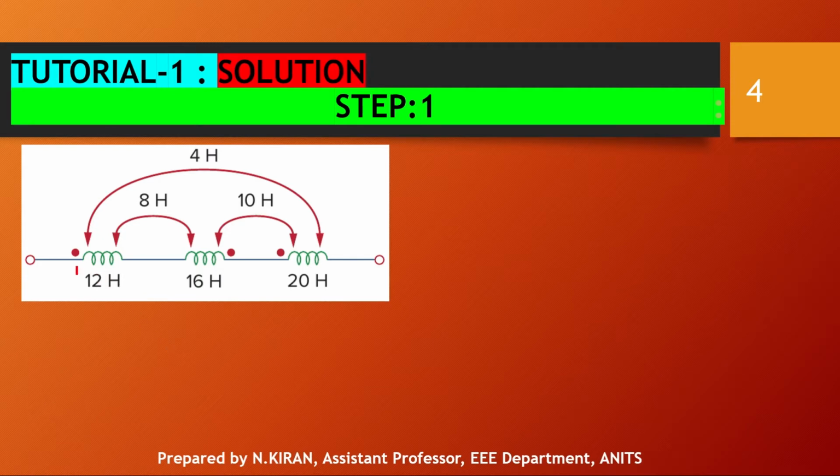If I consider first two coils, the current is entering at the dotted end of the first coil and leaving at the dotted end in the second coil. Hence, these two coils are exhibiting the series opposing nature. Since the mutual inductance between these two coils is given as 8 Henry, I'll subtract the value of 8 from the self inductances of both first coil as well as second coil.